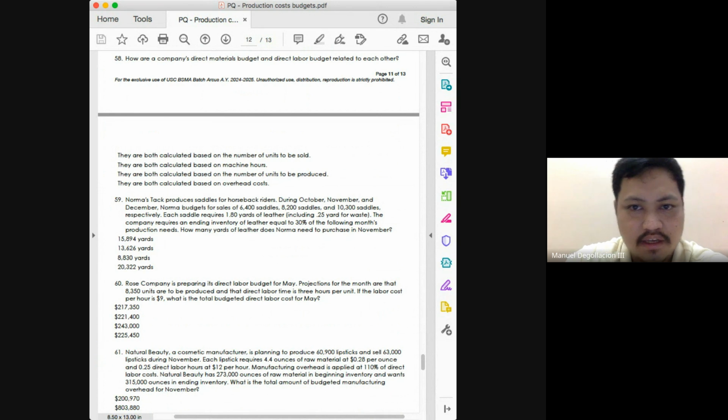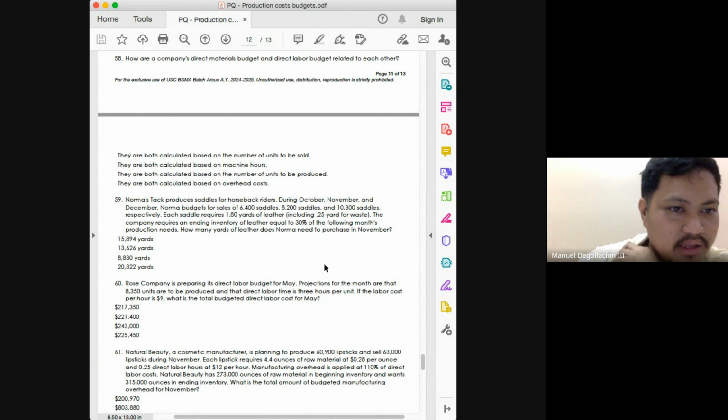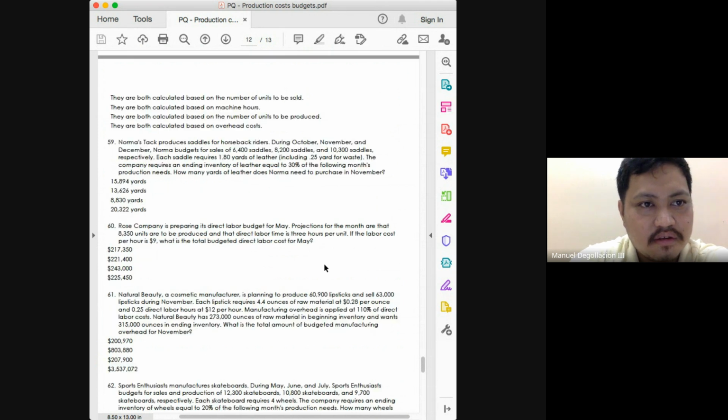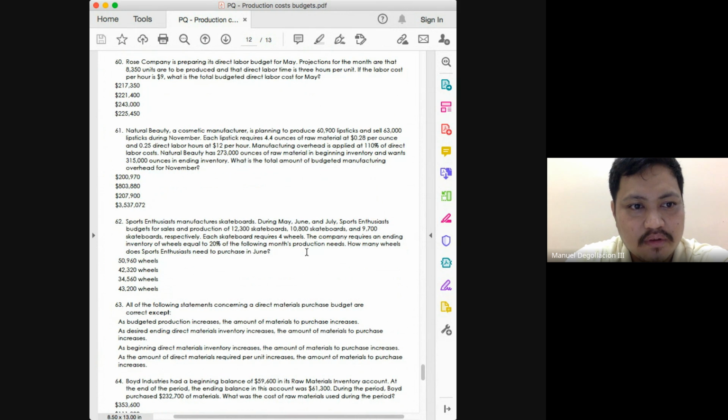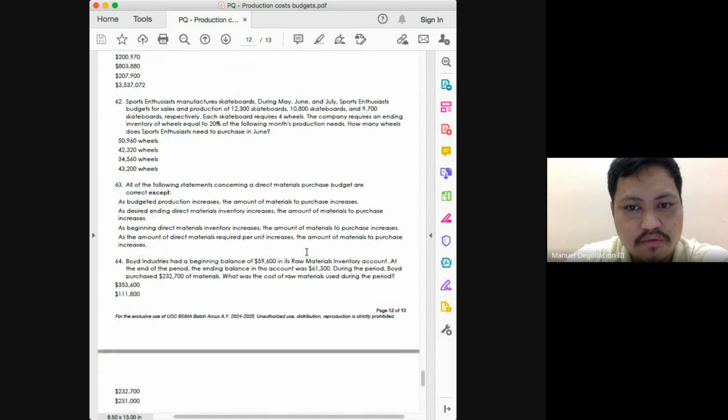For 59, answer is 15,894 yards. For number 60, answer is 225,450. For 61, it's 200,970. For 62, it's 42,320 wheels. For 63, the answer is the third choice.